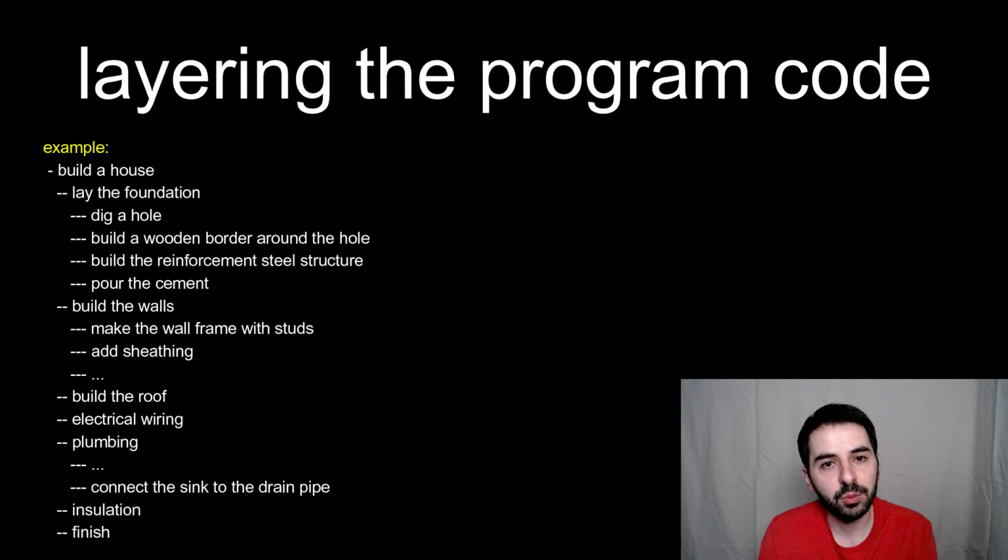Like laying a foundation might be building this iron or steel structure for holding all the cement together, the reinforcement structure, and then the wooden borders for retaining the cement in place while it dries, and then pouring the cement, and a lot of other tasks. So that basically becomes the second layer from the top, right? If we do a top-down approach, then that's the second layer.